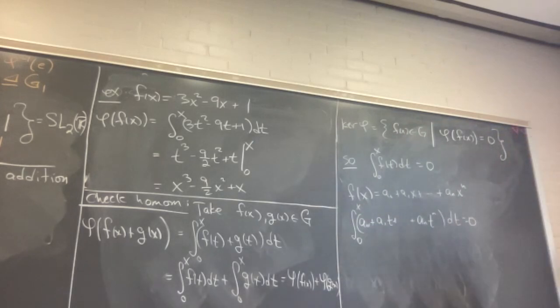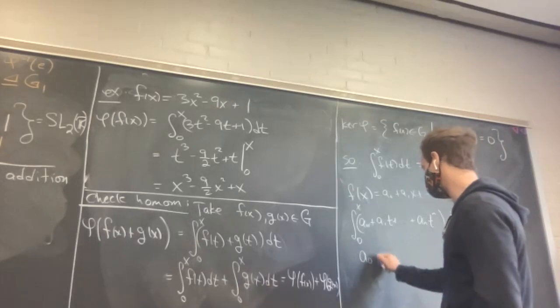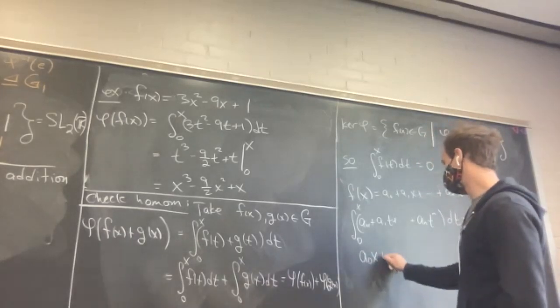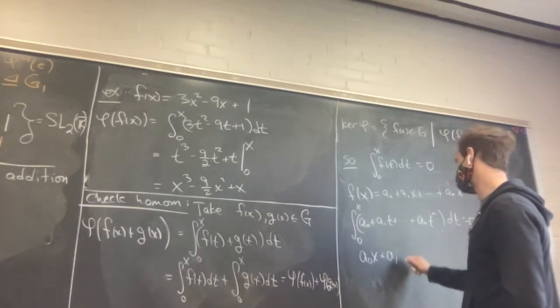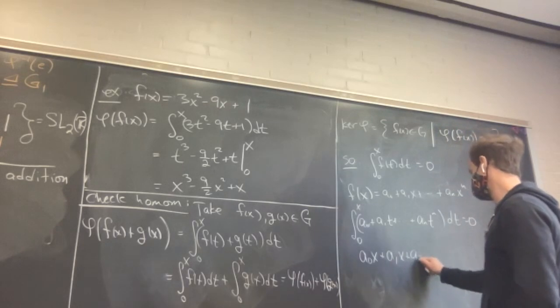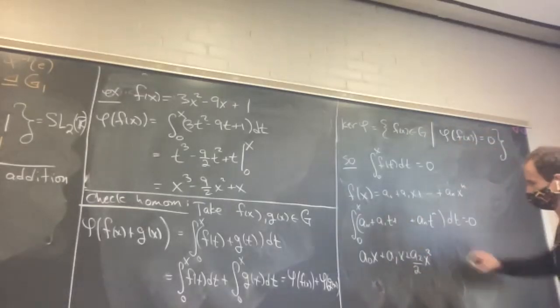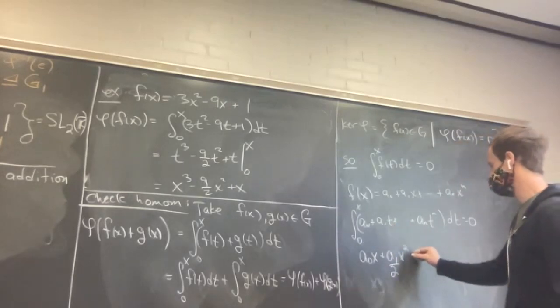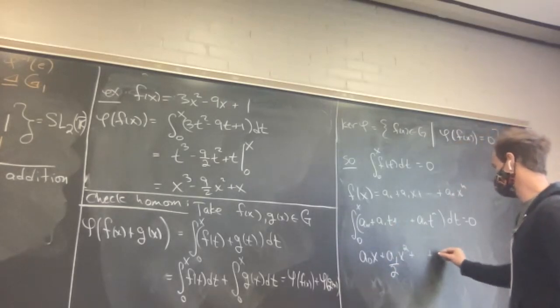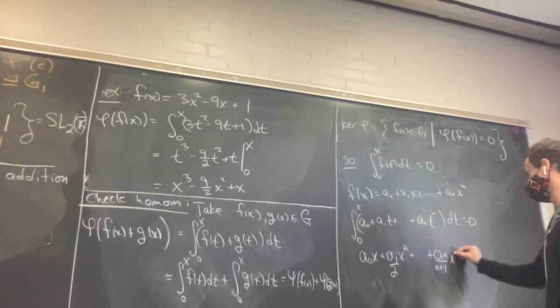That's phi of x. But now just doing term by term anti-differentiation, this is going to be a0x, plus a1 over 2 x squared, because we took the antiderivative, all the way up to an over n plus 1 x to the n plus 1.